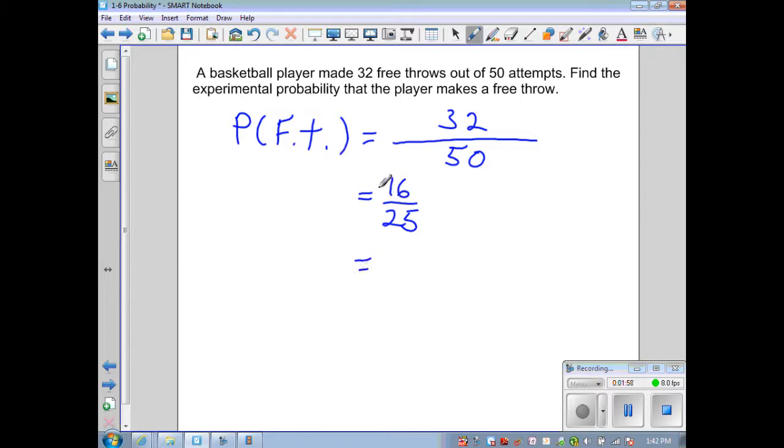If I take 16 in a calculator and divide by 25, that's going to give me 0.64. I could go further into the problem and actually generate this into a percent by multiplying by 100, which would give me 64% of the time this player makes free throws. But in this problem, all they wanted to find was the probability of the event.